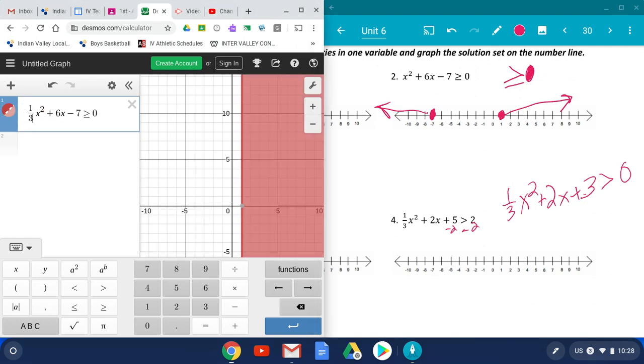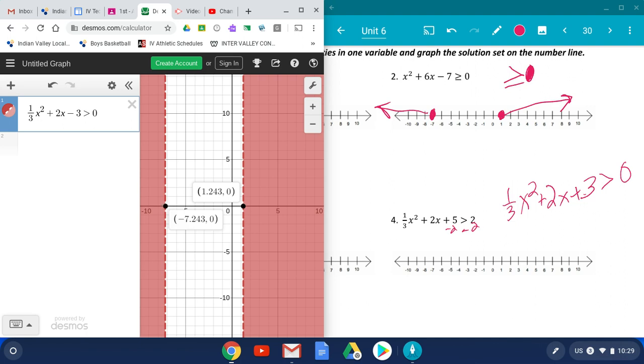So that's 1/3 x squared plus 2x minus 3, and it's not greater than or equal to, but really just greater than. Now, see how those lines change to dotted? That helps me remember that I have to have open circles.